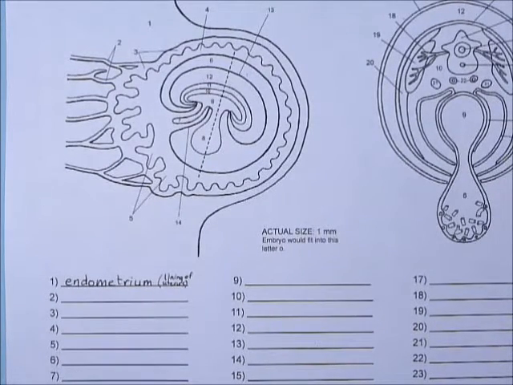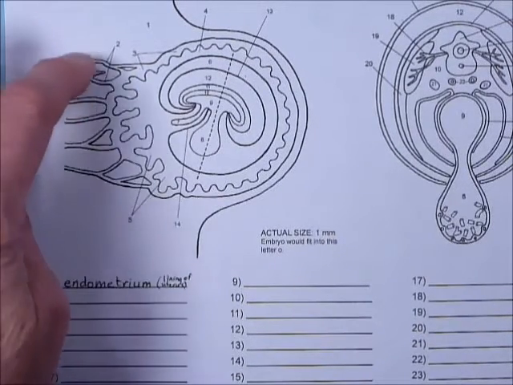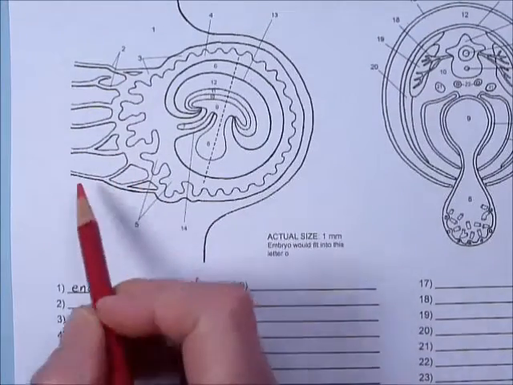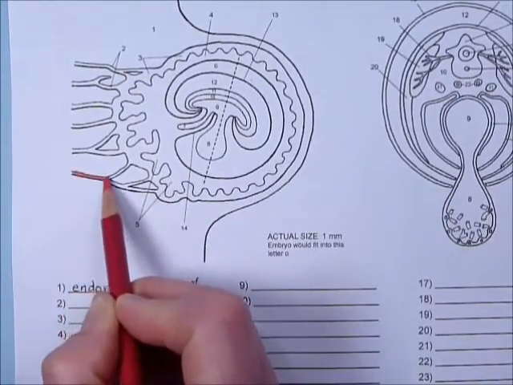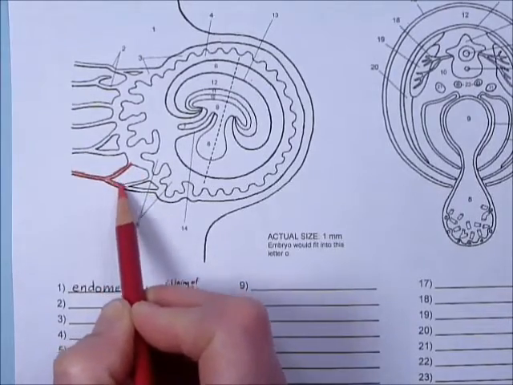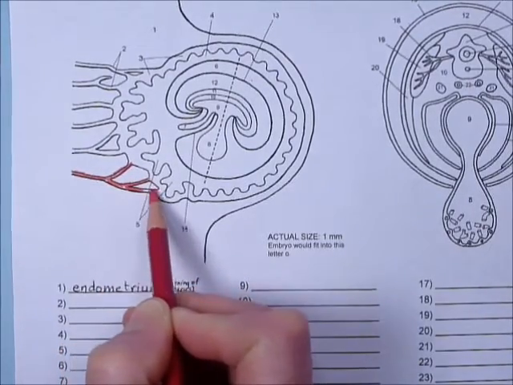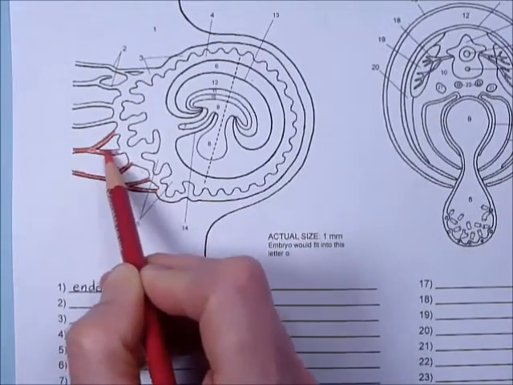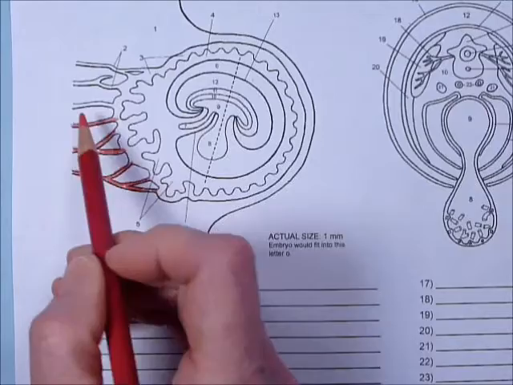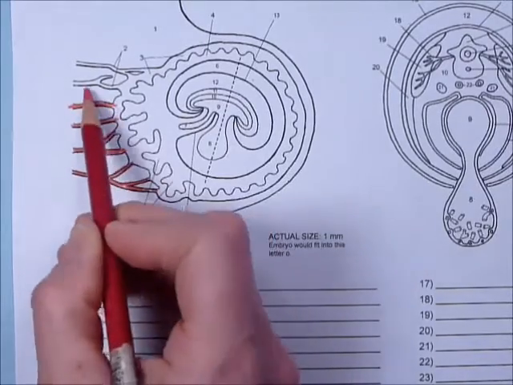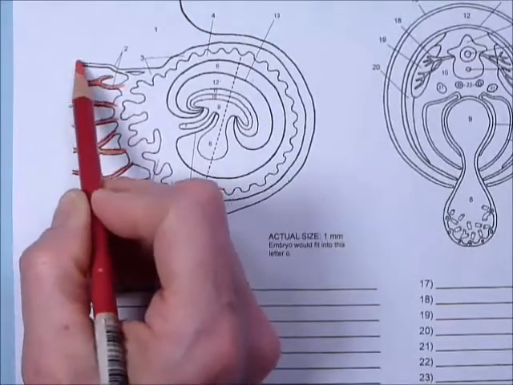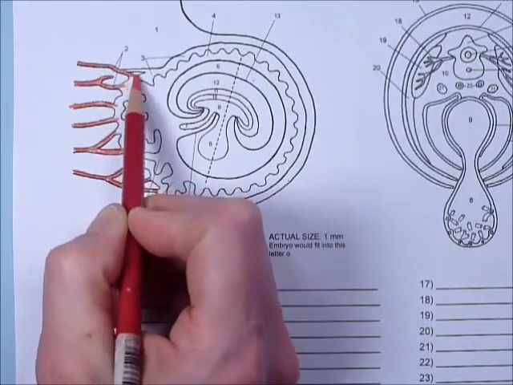So number 2 will be red. Number 2 are all these little capillaries over here. And these are the maternal capillaries. Anything related to the mother is maternal. So these are the capillaries that build up during the first part of the monthly cycle.